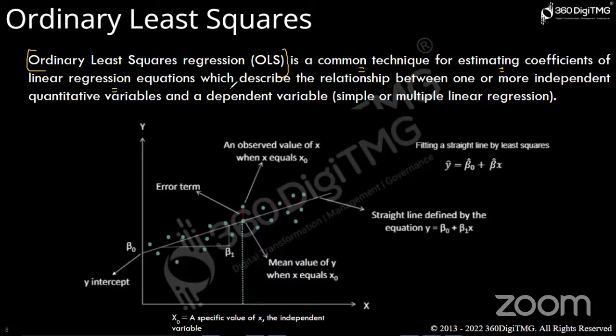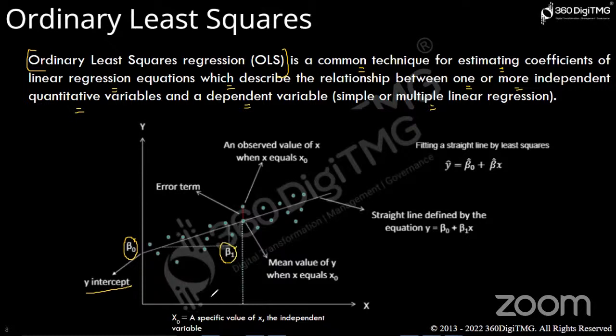It describes the relationship between one or more independent quantitative variables and a dependent variable. It works with both simple and multilinear regression. We can see here beta naught, that is the y-intercept, and beta 1 is my slope value.